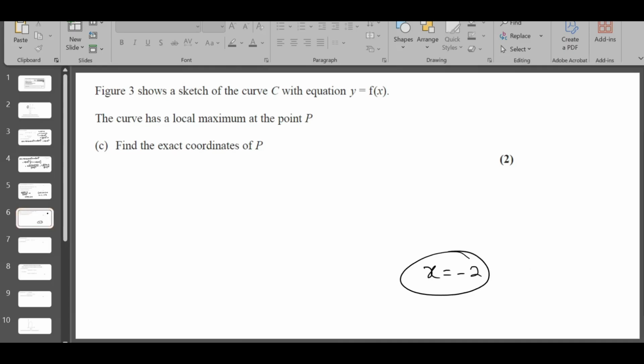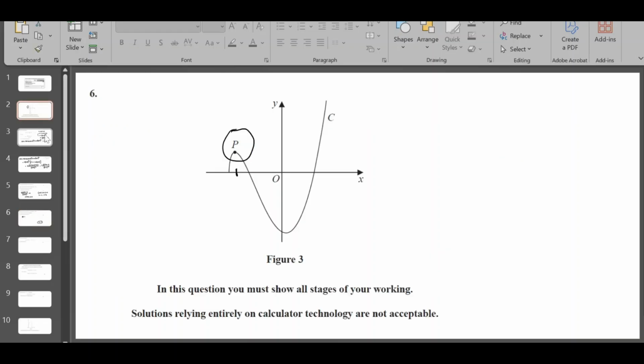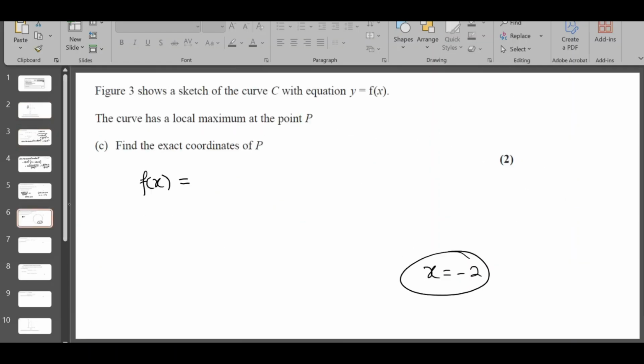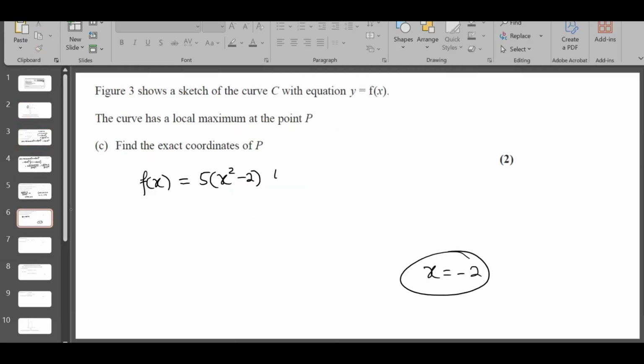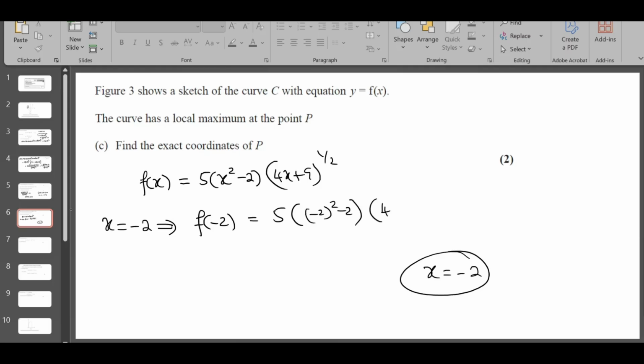Take the function f of x is equal to 5 times x square minus 2 and then 4x plus 9 to the power half, sub in the x coordinate to find the y coordinate. 5 times minus 2 square minus 2, 4 times minus 2 plus 9 to the power half.